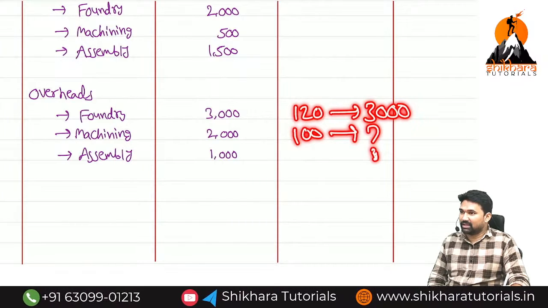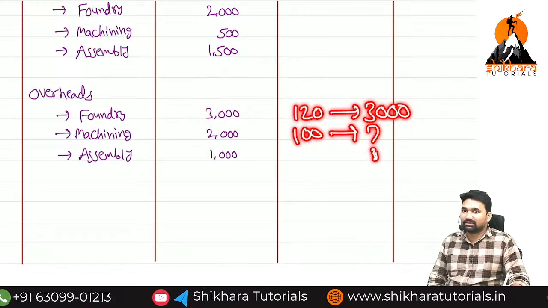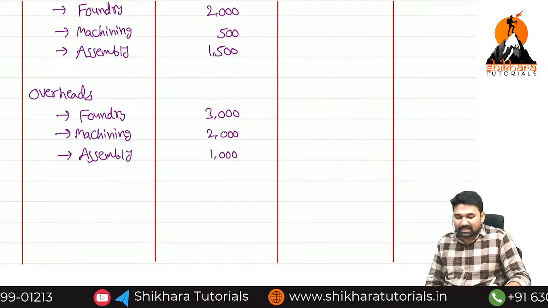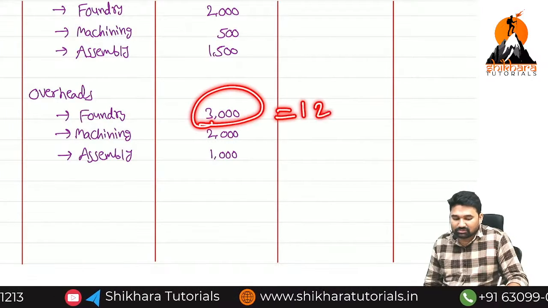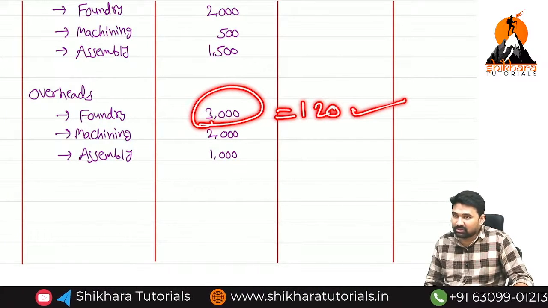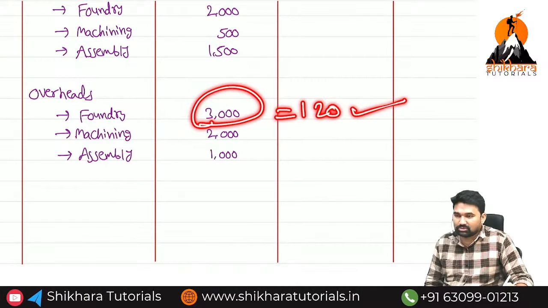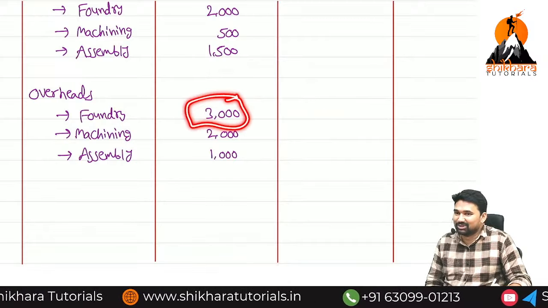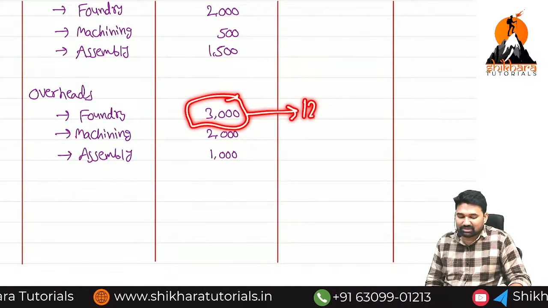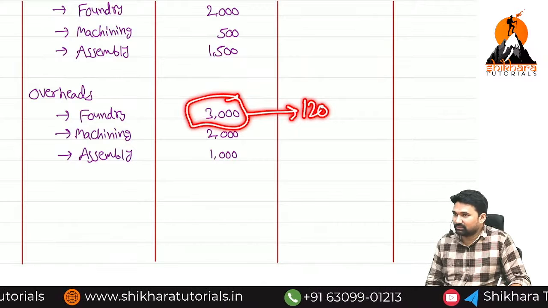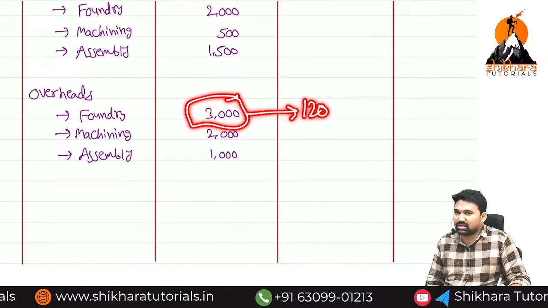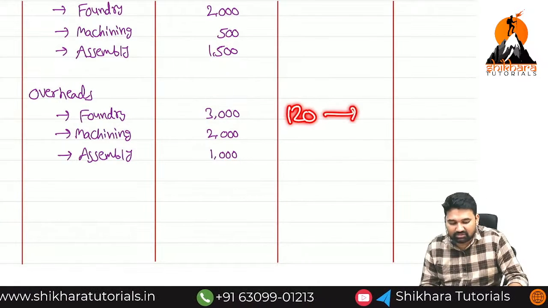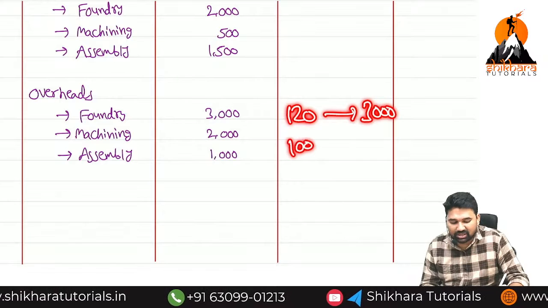2500. How did 2500 arrive? Listen, this 3000 is equal to 120. If 3000 is equal to 120, 100 is how much? So if 120 is equal to 3000, 100 will be how much?